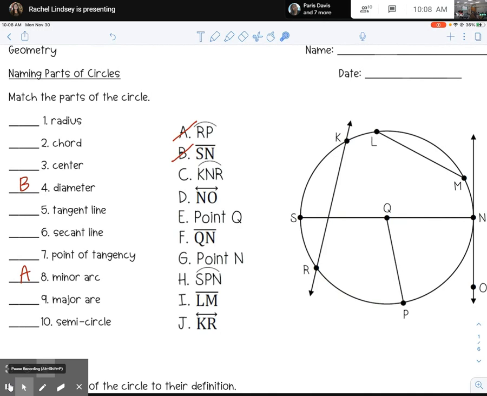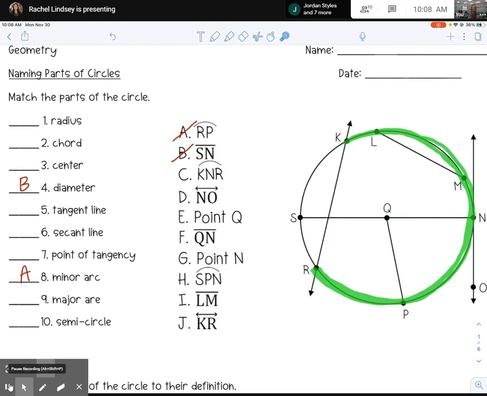Okay. C, we have arc KNR. So start at K, go to N, then to R. Is that a major arc, minor arc, or a semicircle? Major, because it's bigger than 180.